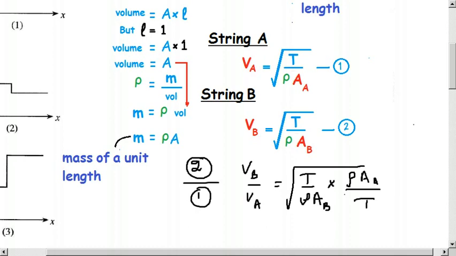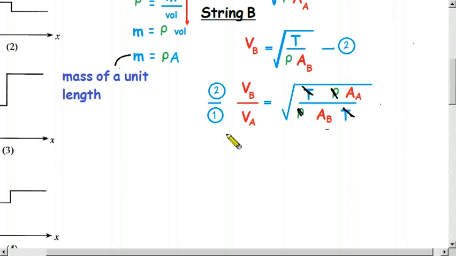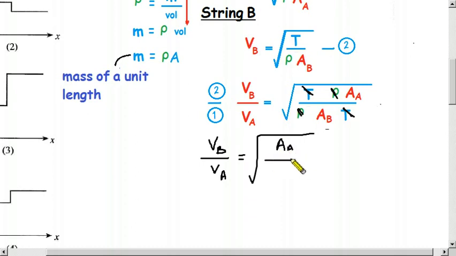Now we can simplify: rho cancels, T cancels, and we get VB divided by VA equals root of capital A small a divided by capital A small b.